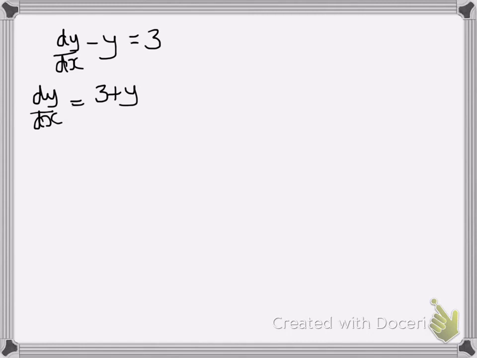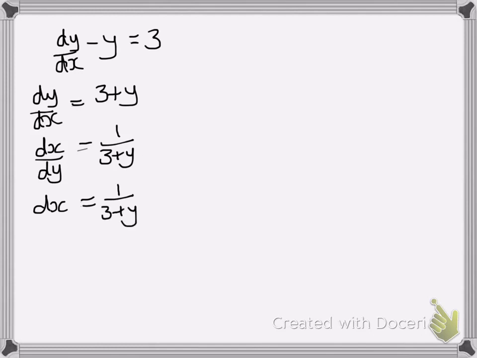Because we then change this over, invert it if you like, to give us dx by dy equal to 1 over 3 plus y. And we can now rearrange to give us dx equal to 1 over 3 plus y dy.